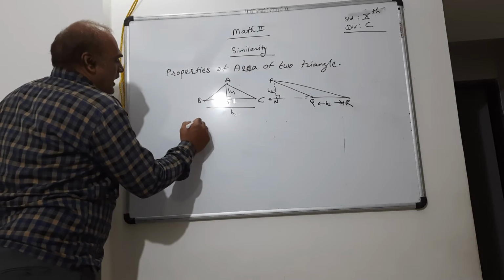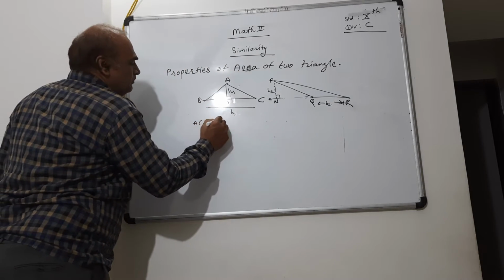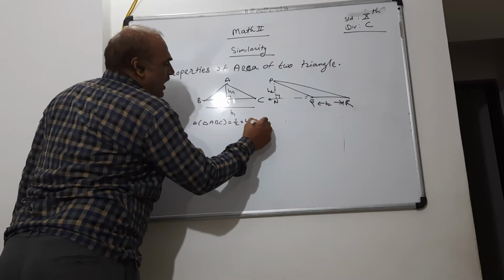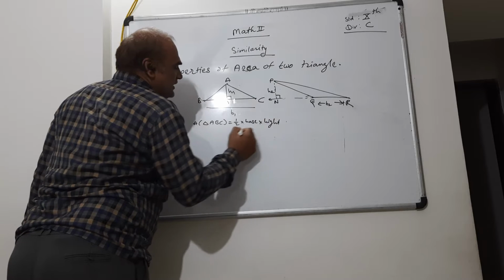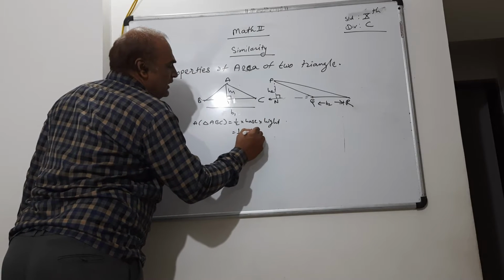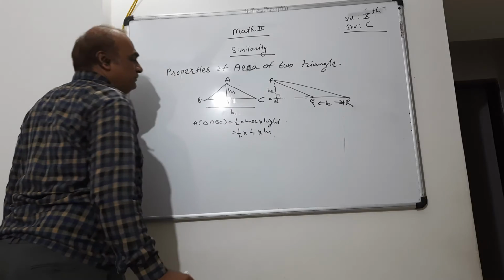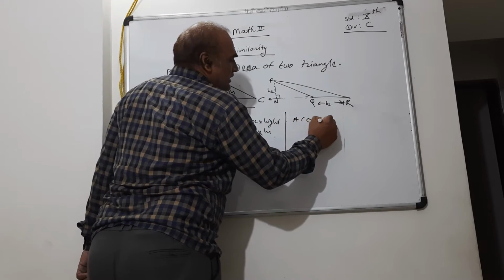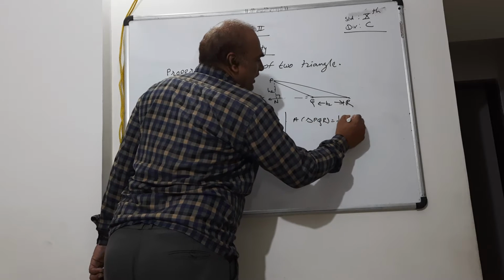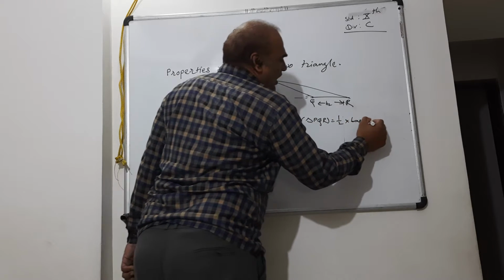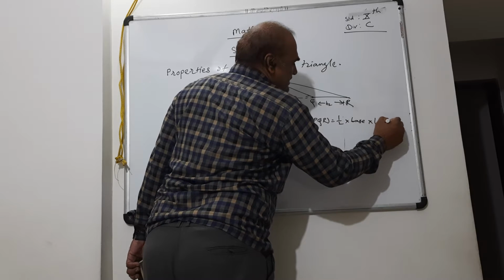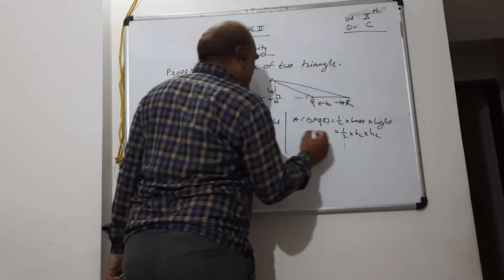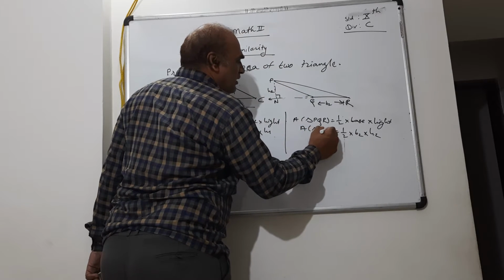Then area of triangle ABC is equal to half into base into height, that is half into B1 into H1, and area of triangle PQR is equal to half into base into height, that is half into B2 into H2.